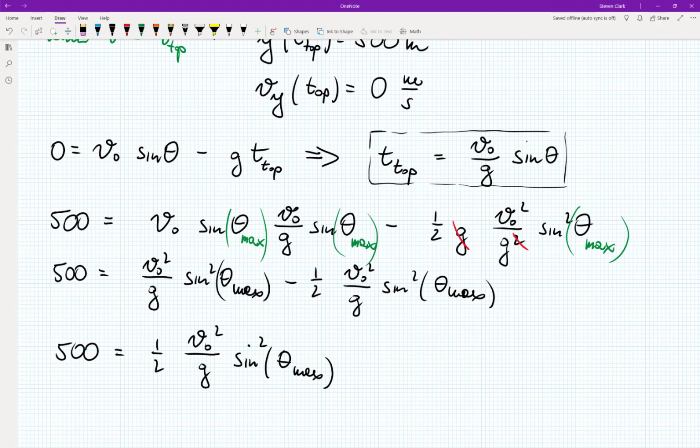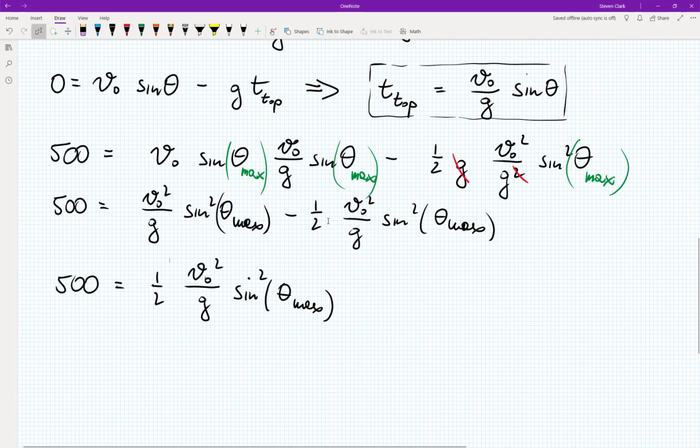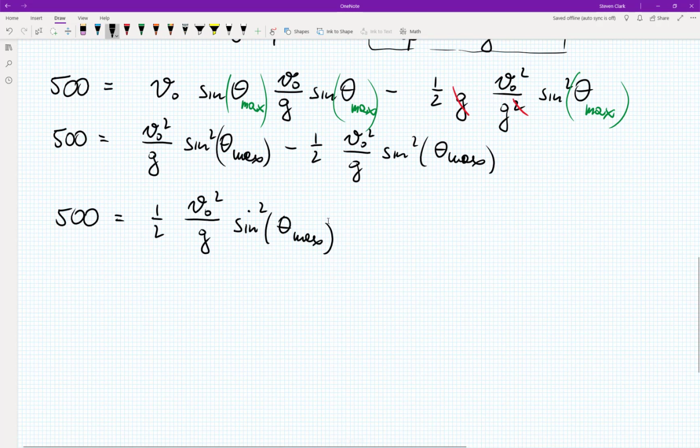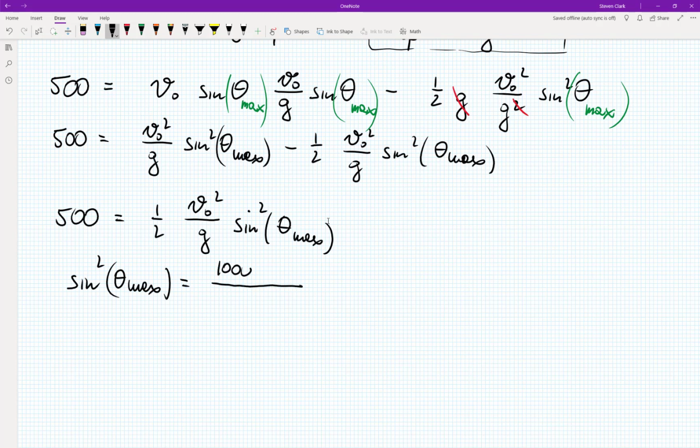Okay, let's find theta max, because this is what they ask us for. So our sine of theta max squared will be equal to 1000 g divided by v0 squared.